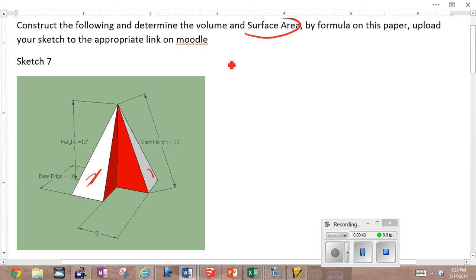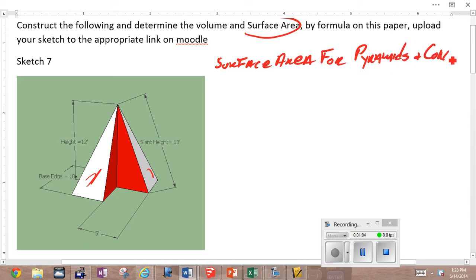So the formula for surface area for pyramids, and we could say for pyramids and cones, is the following.